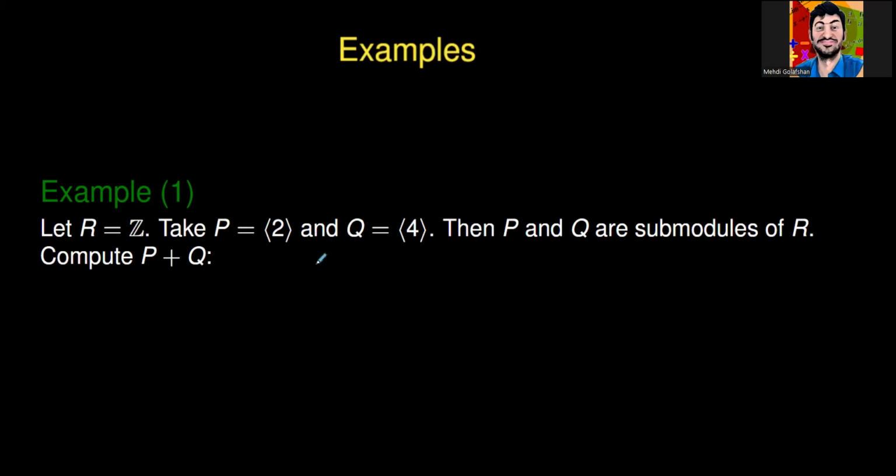And Q is the ideal generated by, let me change the problem a little bit, from 4 here to 6. It doesn't matter. And the ideal generated by 6, I mean Q, and then let's compute P plus Q.